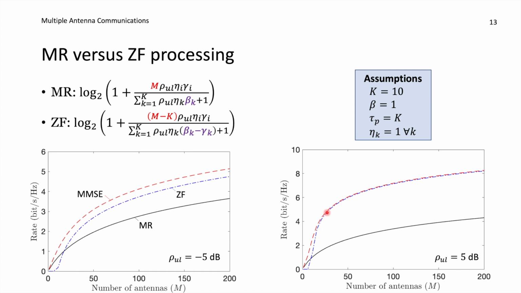This is in line with what we have seen before. At high SNR or with many antennas, zero forcing is close to MMSE processing. And since the equivalence between MMSE processing and zero forcing appears asymptotically, if we have both many antennas and a high SNR, the gap will be particularly small.